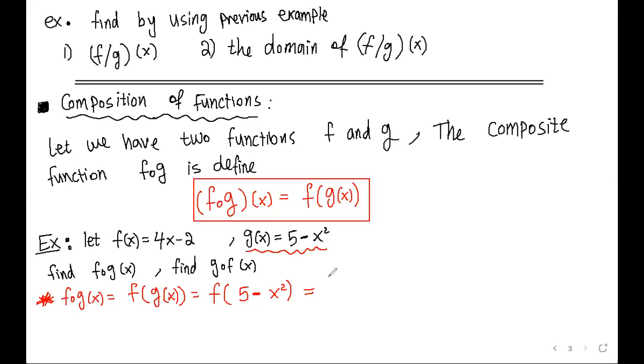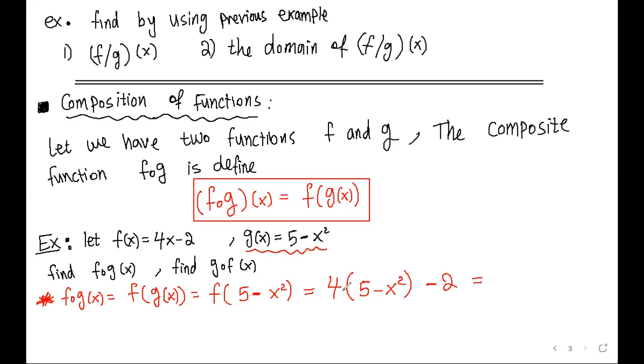Yes. Nice. Now you plug this one inside f. Instead of x, you plug this one inside x. 4 times 5 minus x squared minus 2. What do you get?